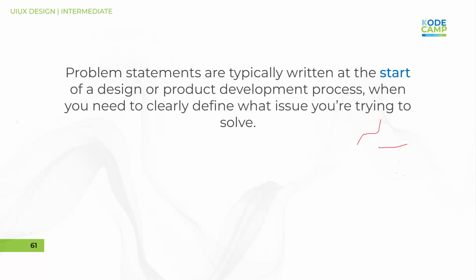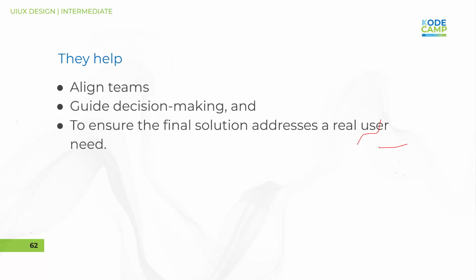So when writing a problem statement, why do we need it? Is it necessary? We need it because it is going to help align the team, help guide decision making, and also ensure the final solution addresses a real user need. We also need everyone on the team, the PMs, the developers, the designers, and stakeholders, to solve the same problem, not seven to ten different problems.